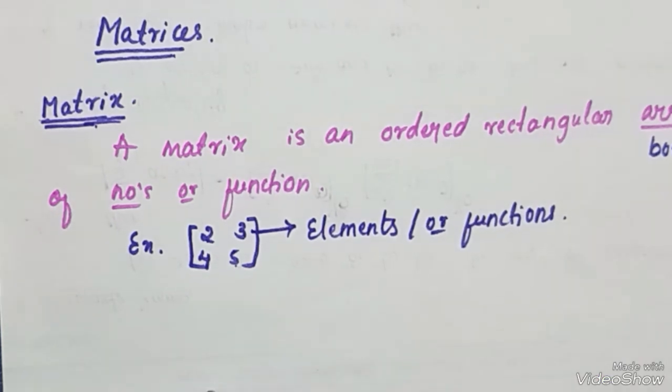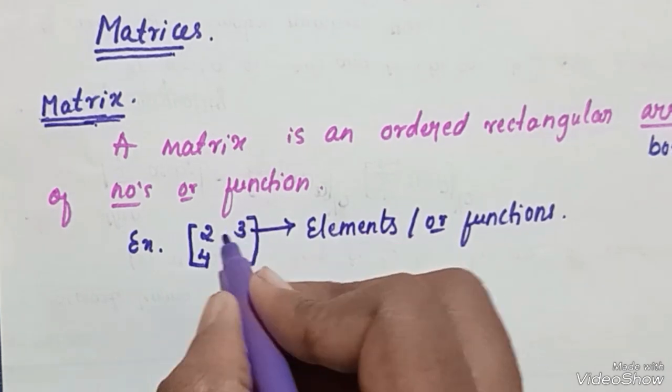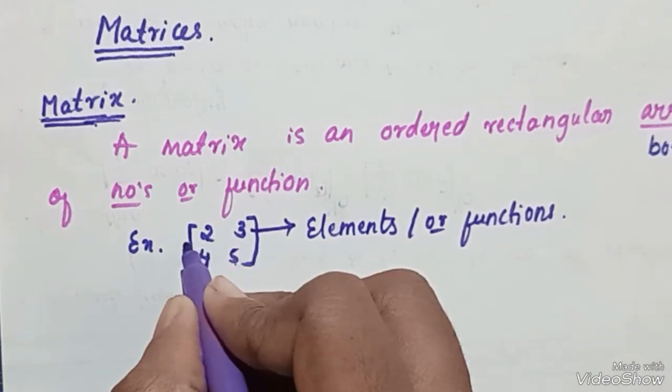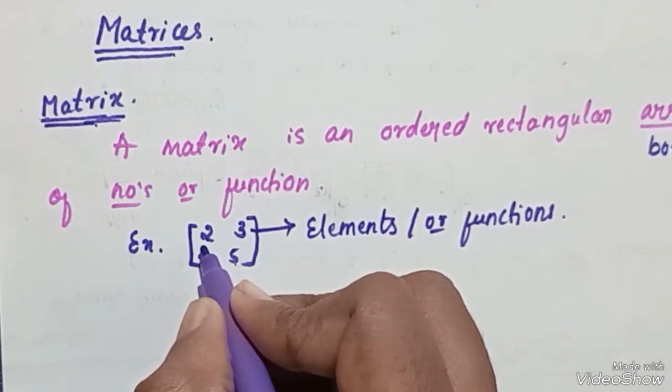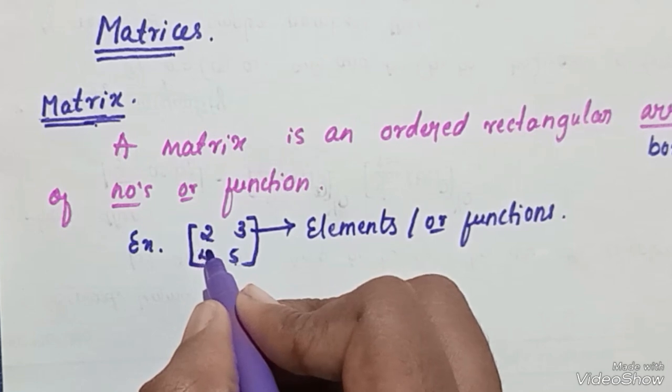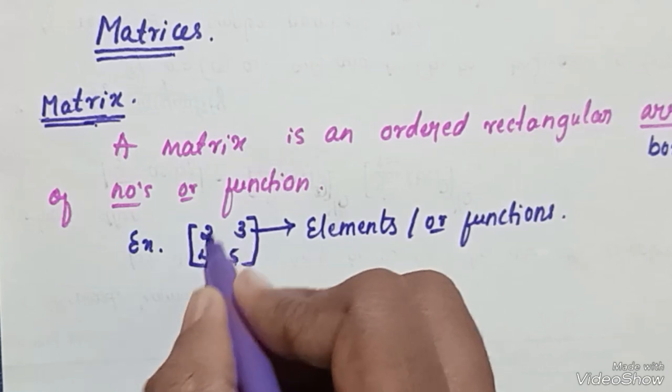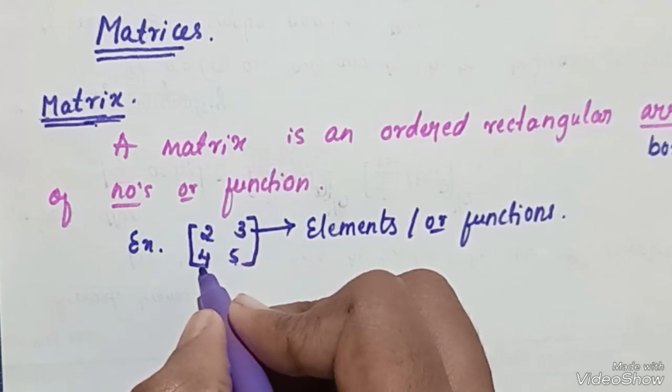Next, here 2 and 3 are written in a row, and these are the columns. What is a row and a column?